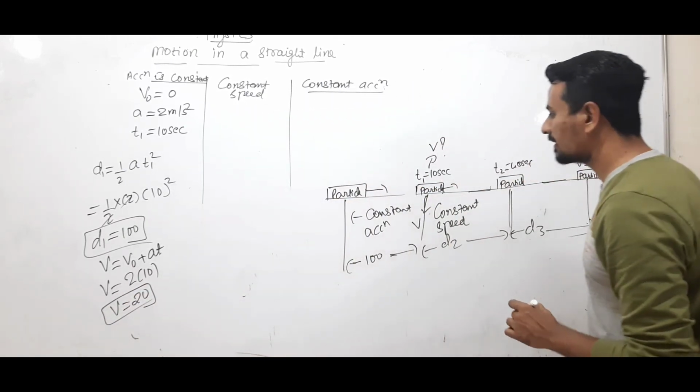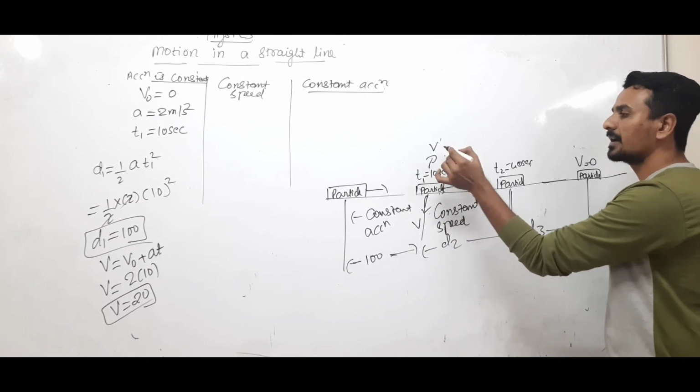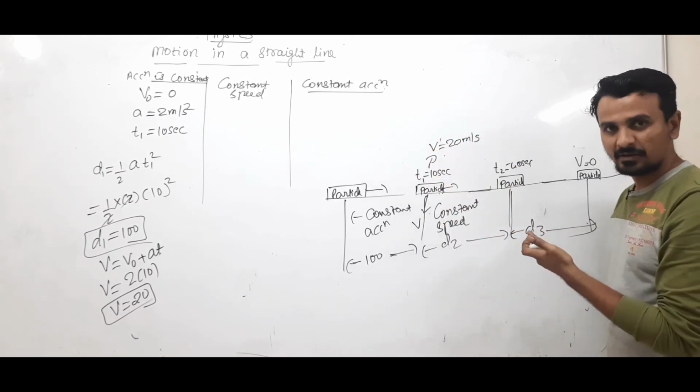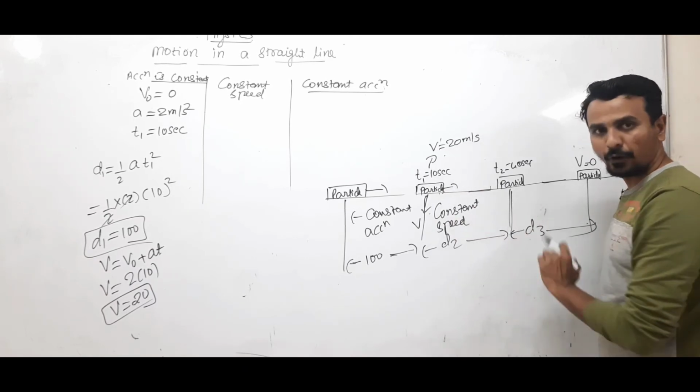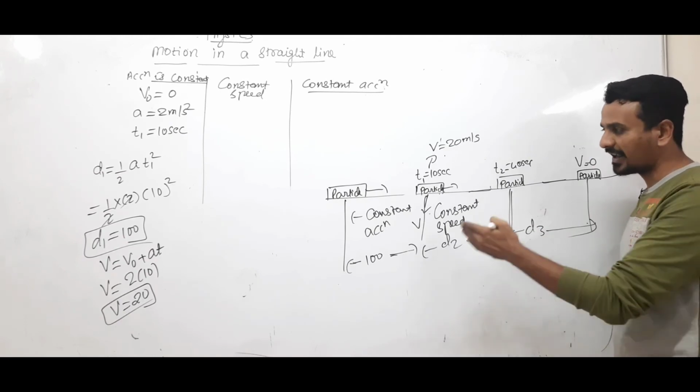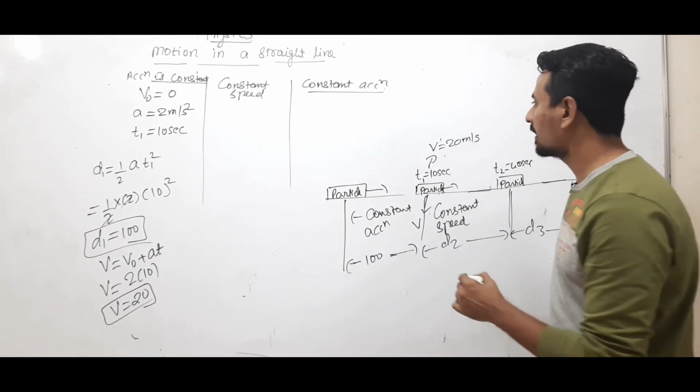So when the particle reaches here, the velocity of the particle is 20. Now the particle is moving with constant speed up to 40 seconds, that means a gap of 30 seconds, at a constant speed of 20.